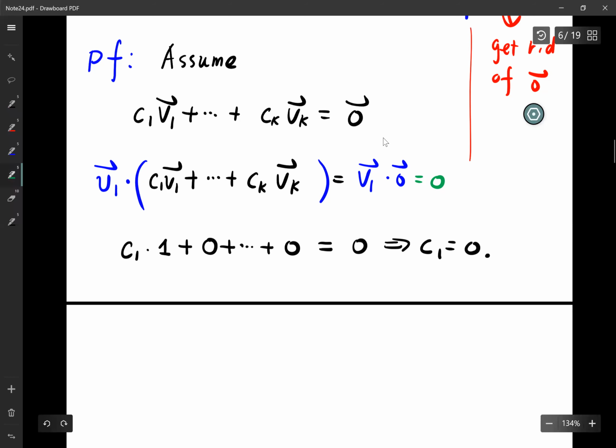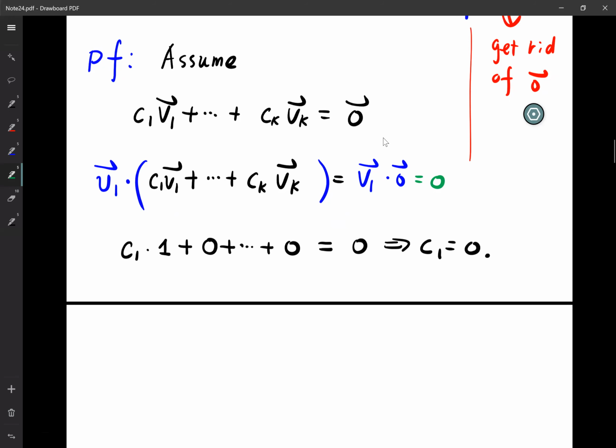Can you walk through the logic of that last part? Okay, let me say it again. It's only three lines, but it's an important technique. I want to show they're linearly independent. Therefore, what I want to show is that if this vector equation is true, then c1 to ck must all vanish. How do I prove it?